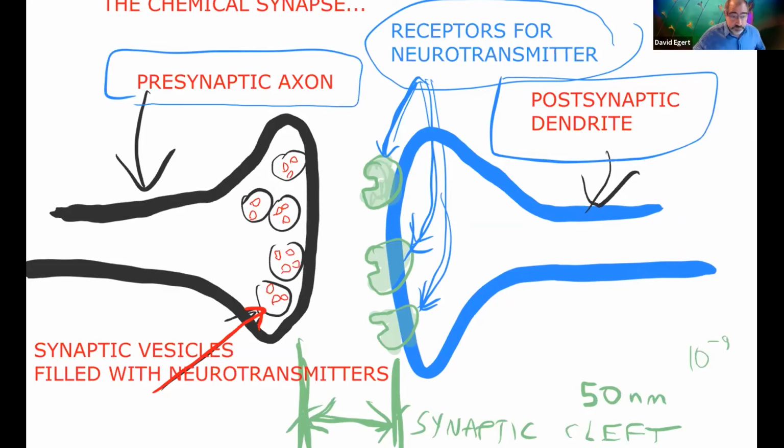And now we need to add one more piece into this. We're going to put in some voltage-gated calcium channels in our presynaptic terminal here. Remember this thing here, this is my bouton, my little terminal. I'm going to put in some calcium channels.